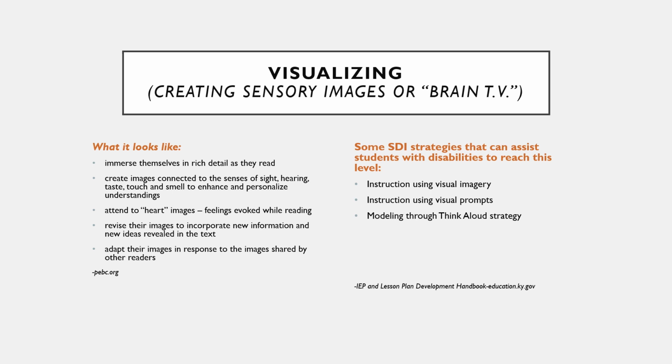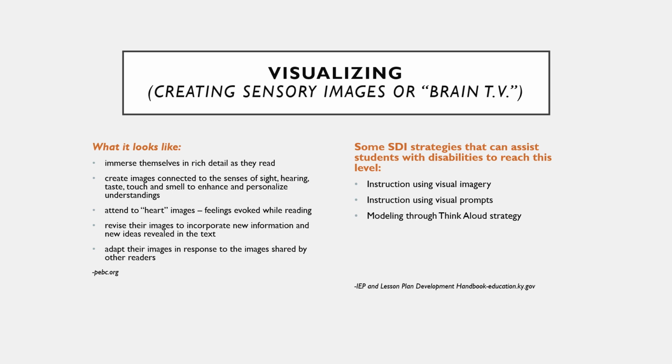So some strategies that you can use to help students are instruction on visual imagery, instruction on using visual prompts, and modeling through the Think Aloud strategy. The Think Aloud strategy, I think, is a good one here, because as you're reading through, you talk about how your thinking would be on how you would develop the picture in your mind, and you just do that out loud, and then that gives them an example of how they could go through and develop their own pictures.